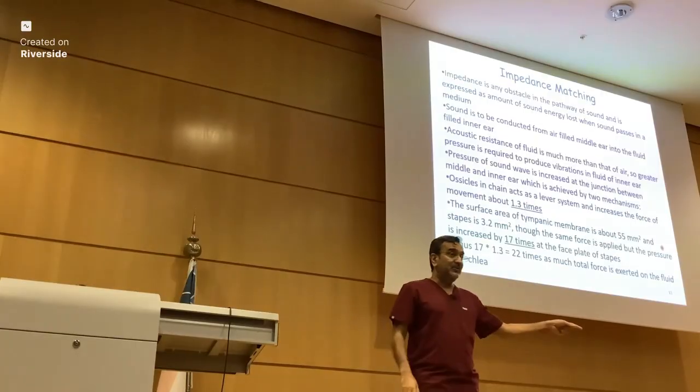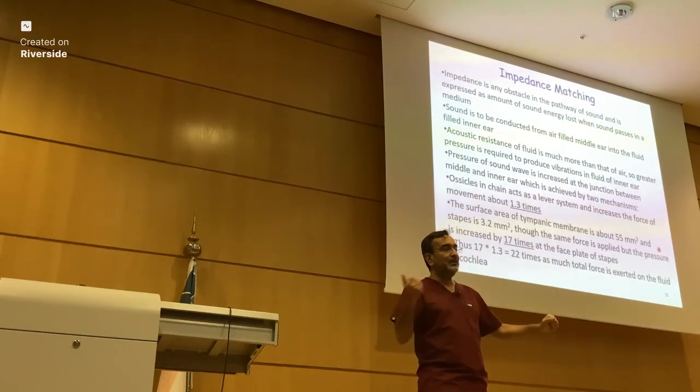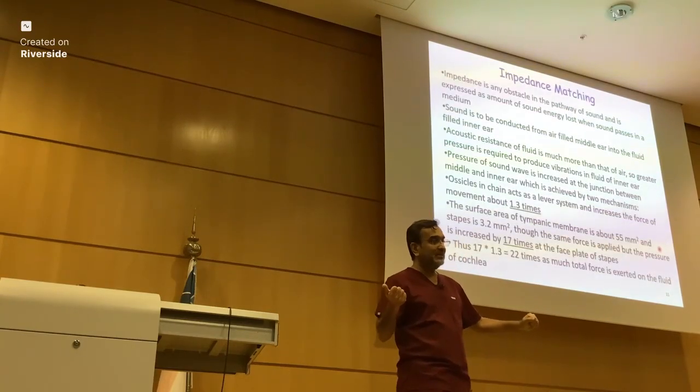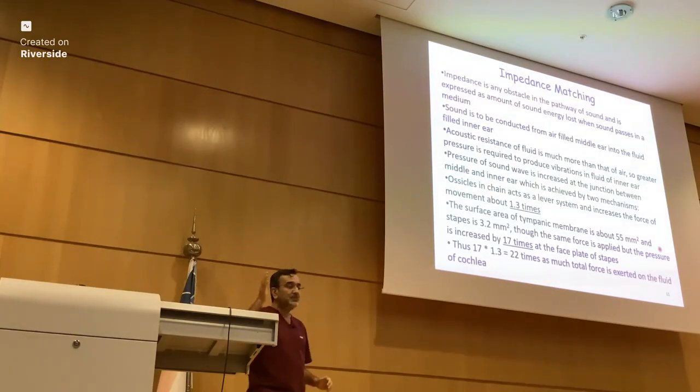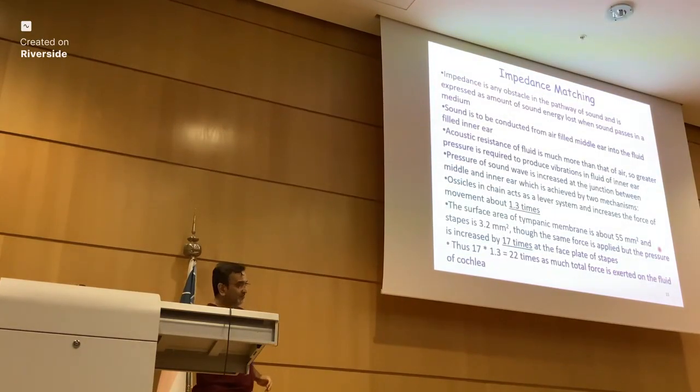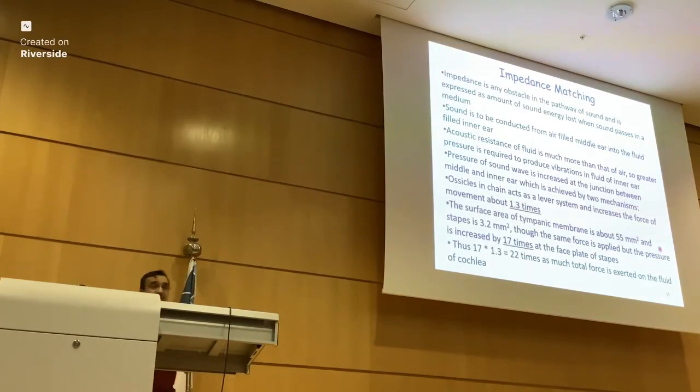The impedance, or obstruction, to these fluid waves is much higher compared to the obstruction to the air waves traveling in the air. So you need to match the obstruction in the air to the obstruction in the fluid.